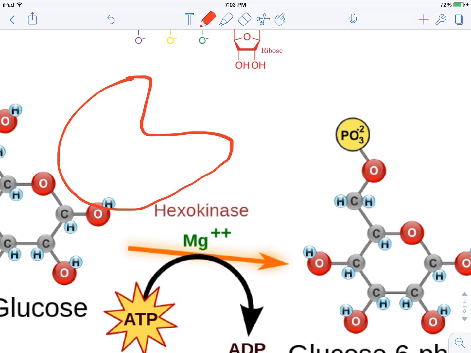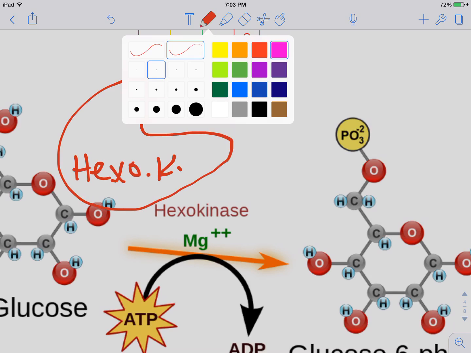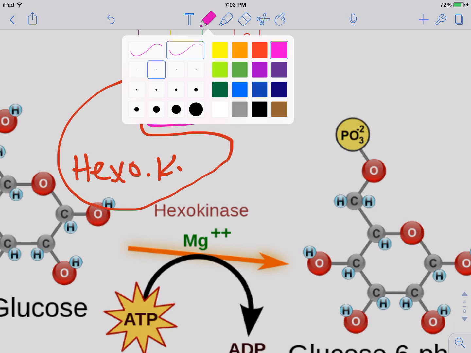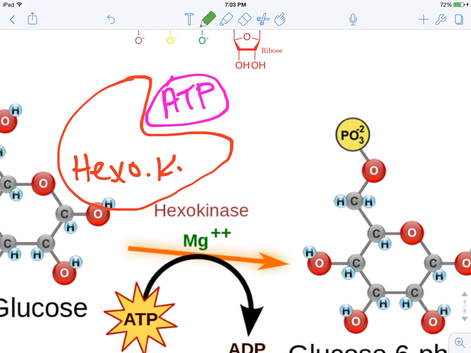An enzyme would look like a little blob like that. This would be hexokinase. Now, on the other hand, we'll have ATP fitting into this blob. Now, in this blob, we'll also have glucose, just here.